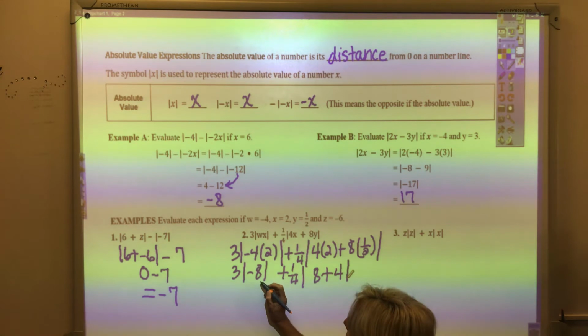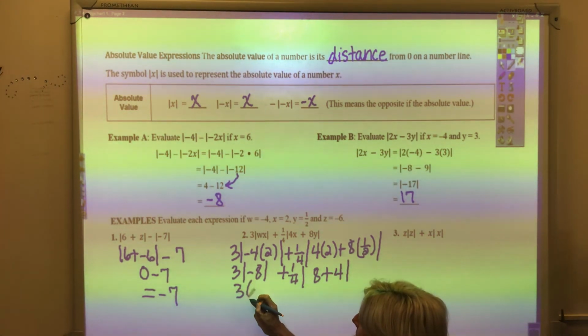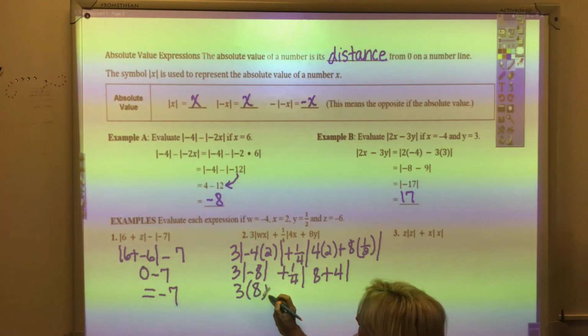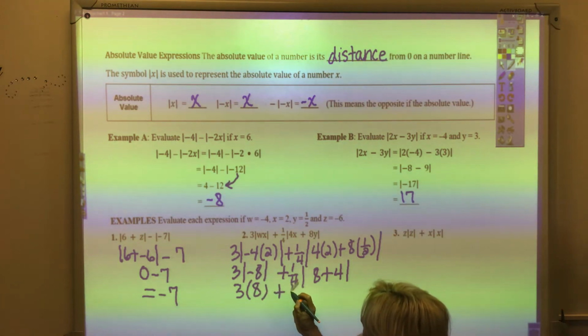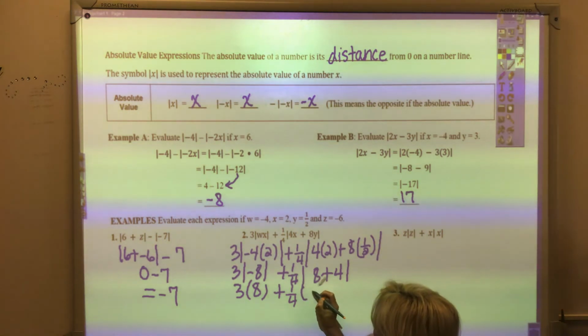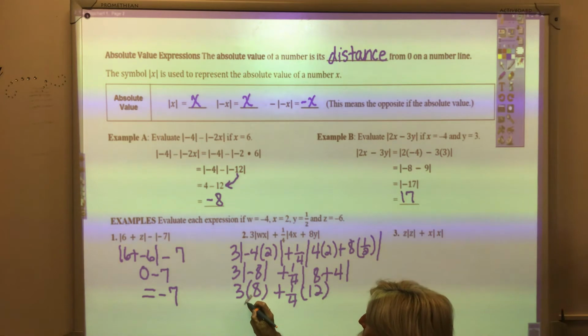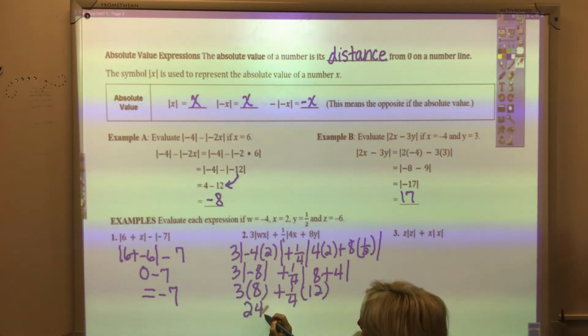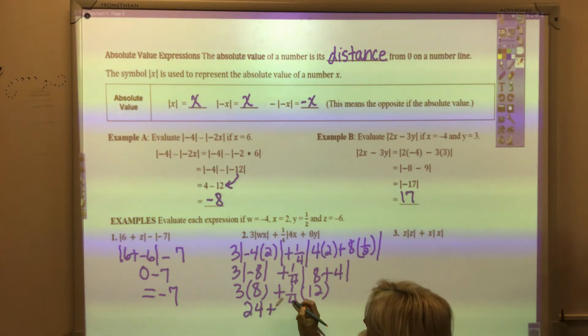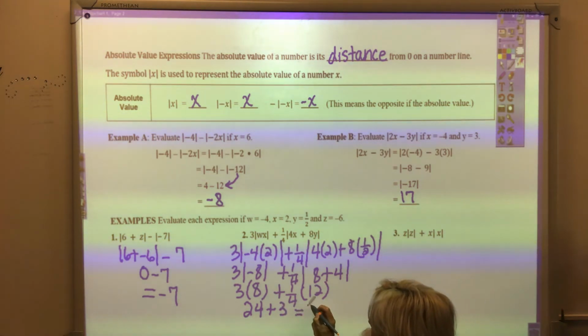The absolute value of negative 8 is 8, so we will have 3 times 8 plus 1/4 times the absolute value of 8 plus 4, which is 12. 3 times 8 is 24, plus 1/4 of 12, which is 3. So our answer will be 27.